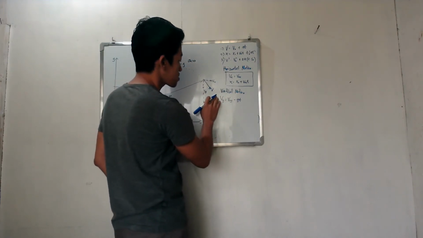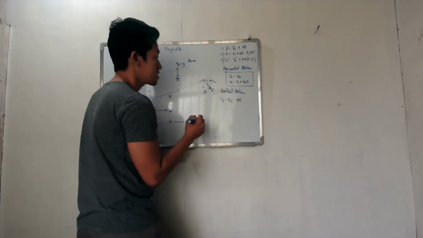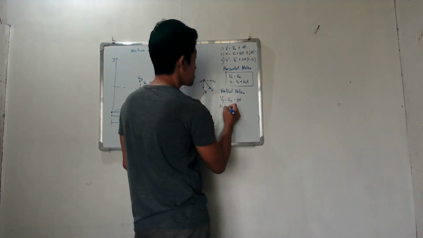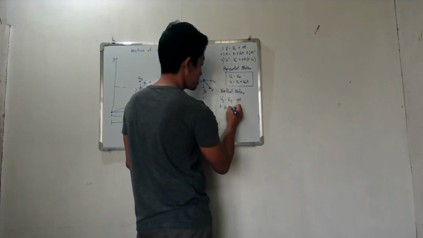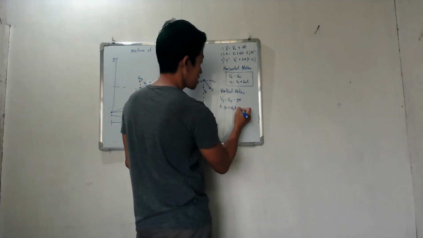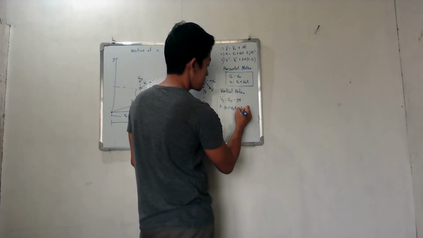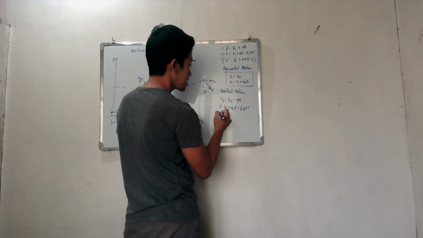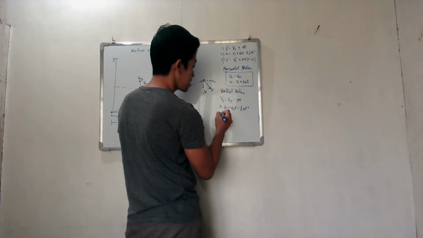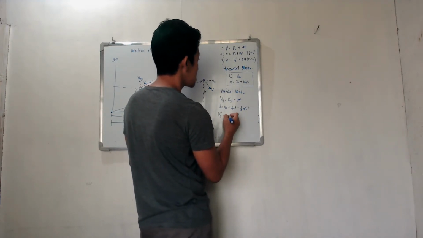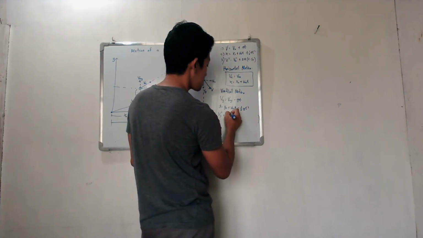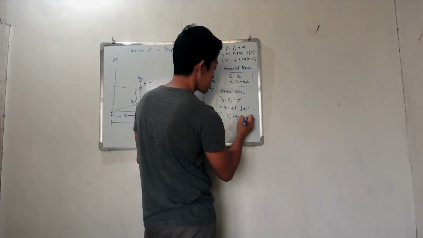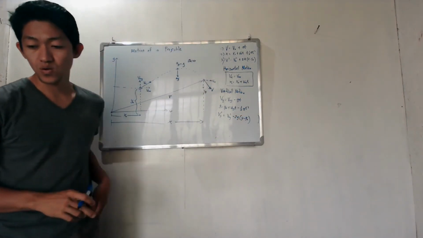Then y is equal to y sub o plus v sub o y t minus 1 half g t squared. And finally, v sub y squared is v sub o y squared minus 2 g times y minus y sub o.